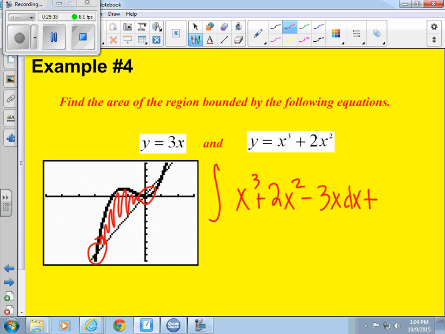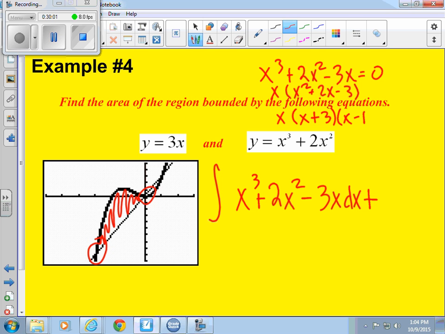I believe we can find these by hand pretty easily, but you could do it in the calculator. So x cubed plus 2x squared minus 3x equals 0. Factor out an x, and then x times x plus 3 times x minus 1. So 0, negative 3, and 1. So would you agree negative 3 to 0 on this one?